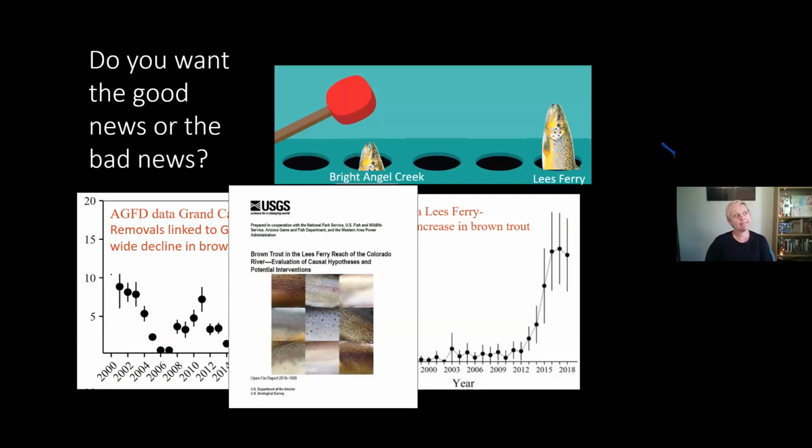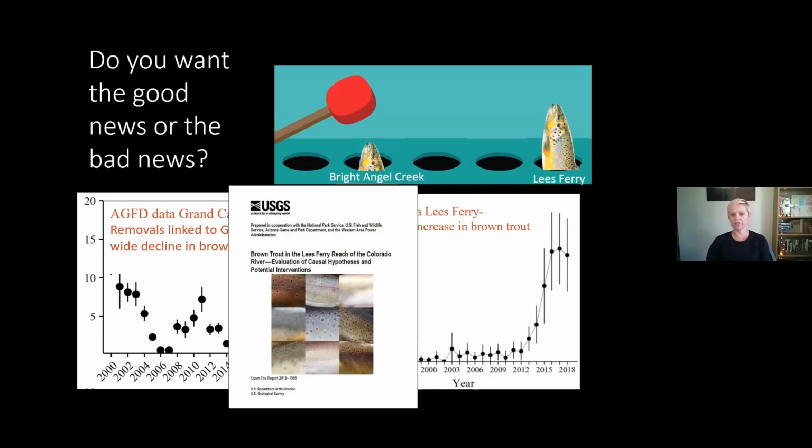Let's see, 2017 or 18, a group of scientists got together for a workshop to try to look into some hypotheses about what happened. Why did we see this increase in brown trout? They were adult brown trout that started showing up at Lee's Ferry and are reproducing. So there's several ideas about why this could be happening.